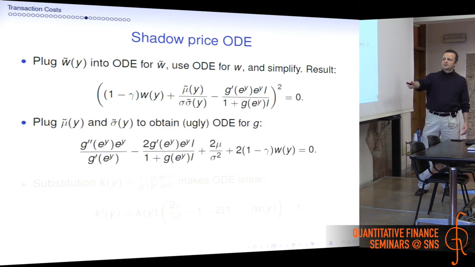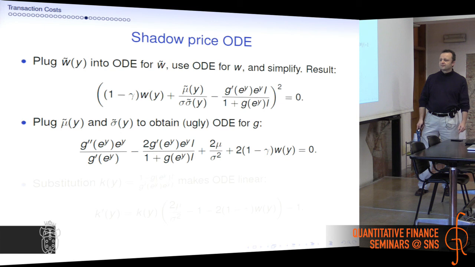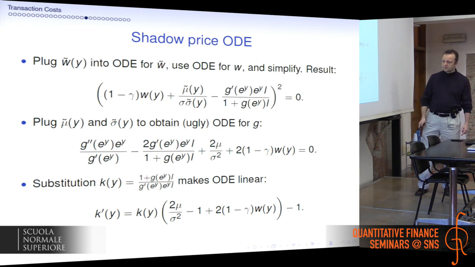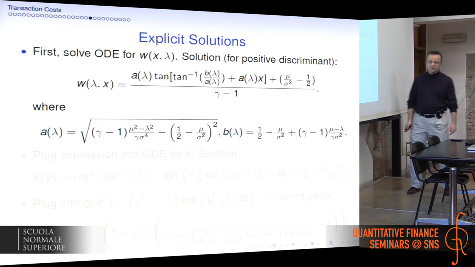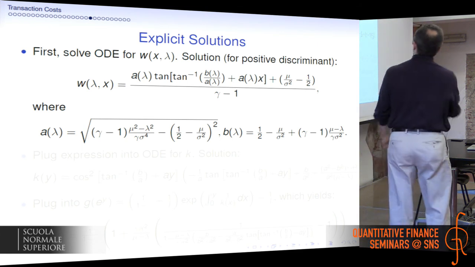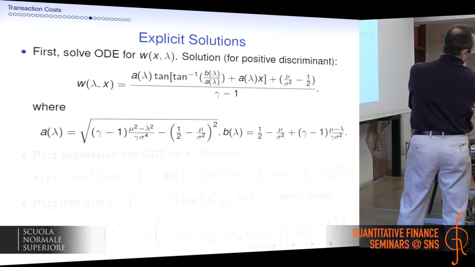And now we get an ODE for G in terms of W. You do one more substitution, and you find this ODE to be linear. You like ODEs when you do these things, otherwise it's a lost battle. And finally, you find the expression for the value function W.